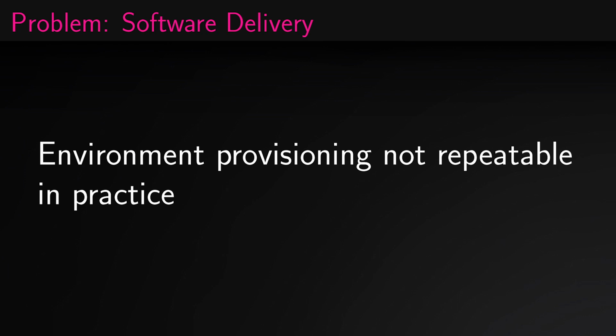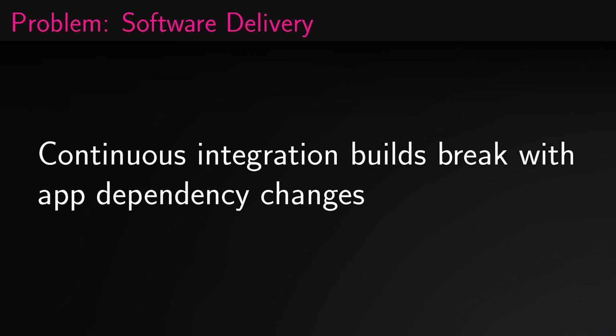We have environment provisioning, right? Well, when I started at Lookout, environment provisioning was not at all repeatable. In practice, there was a lot of tribal knowledge, right? People doing things by hand. So continuous integration breaks, builds break when an application changes its dependencies, right? It changes from one version of MySQL to another or something along those lines, right?